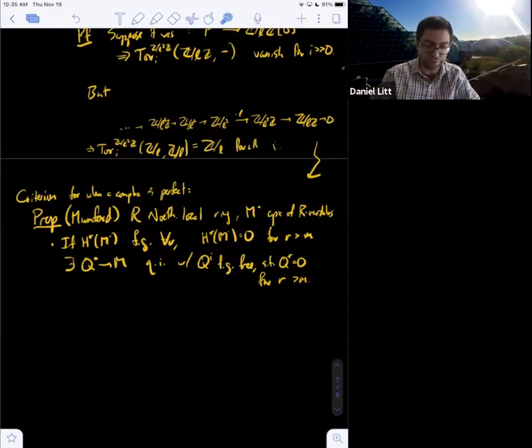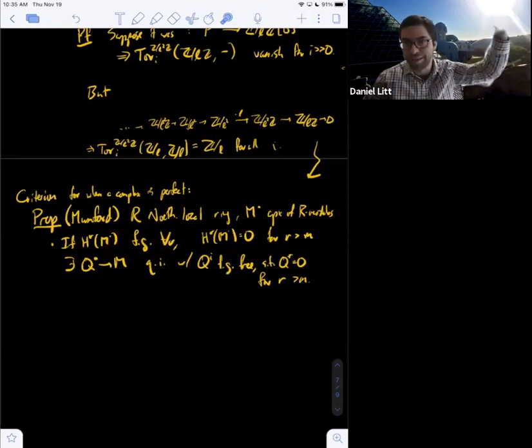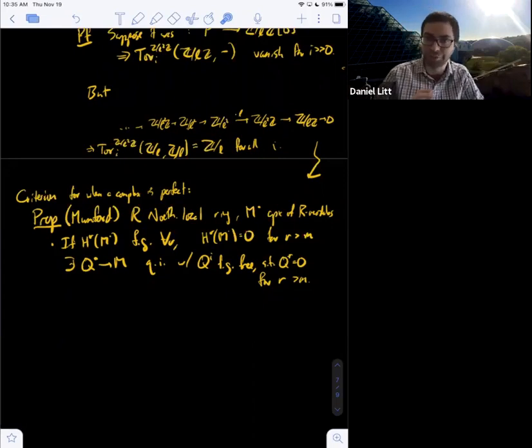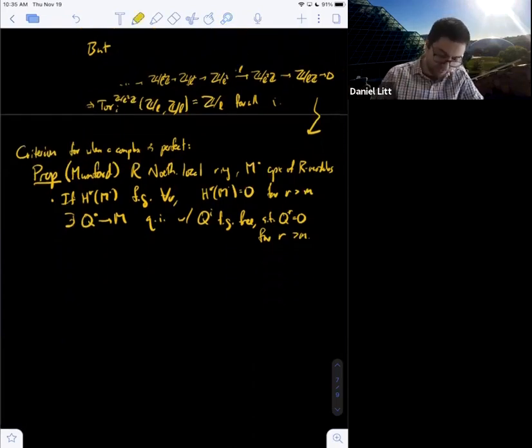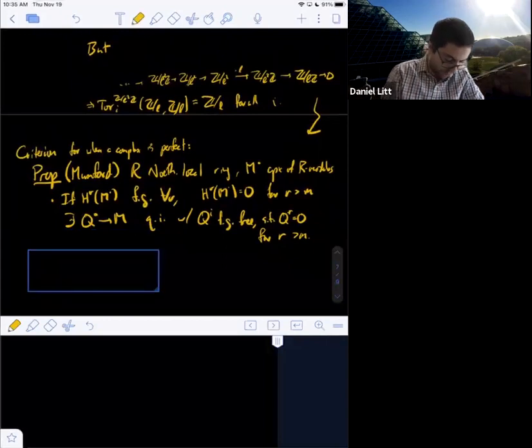And then you just pick a free module surjecting onto that. It's possible to do that with a finitely generated free module by the finite generation here. Okay, and then you start just making finitely generated free modules mapping in. It's very easy to map out of a free module. So all you have to do is make sure you're hitting all the cohomology, and then you kind of win.